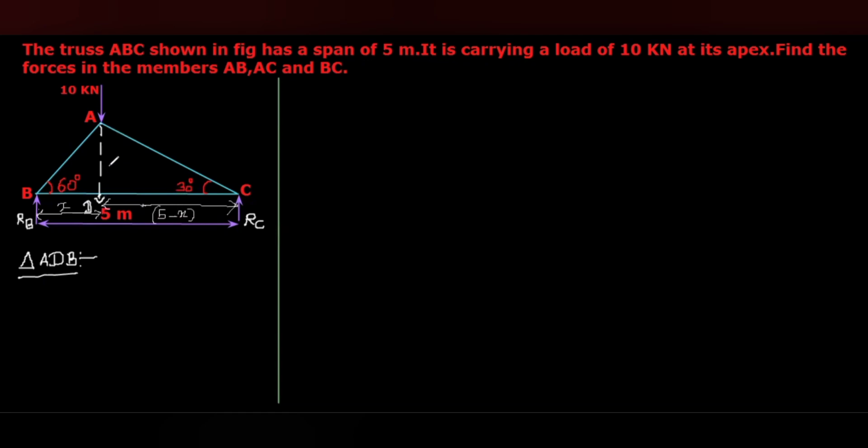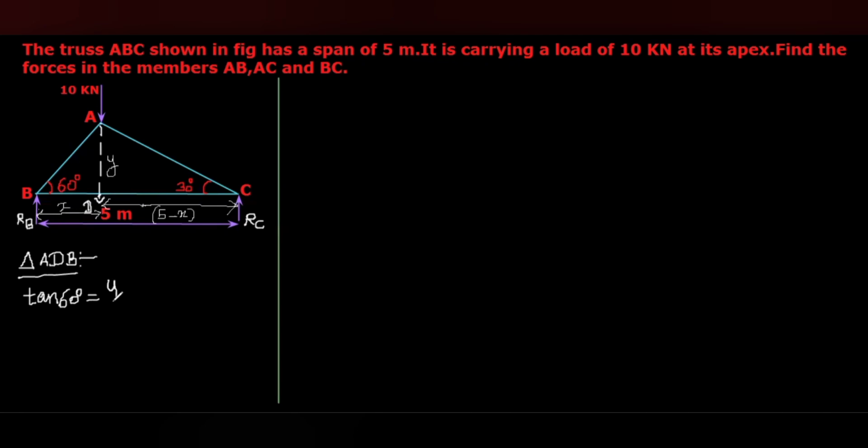The same way the AD, I'm going to take as Y. Okay, so here in this right angle triangle ADB, I'm going to calculate tan 60 degree. Okay, that is tan 60 degree, which is equal to opposite side divided by the adjacent side.